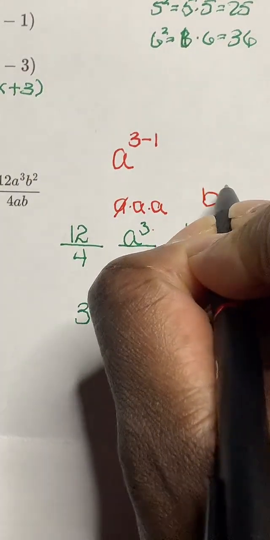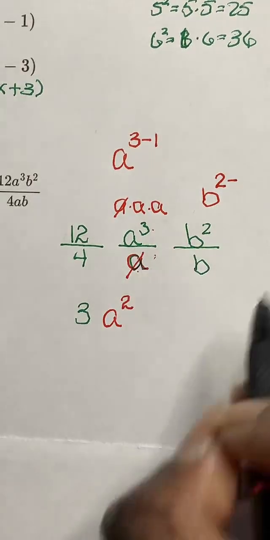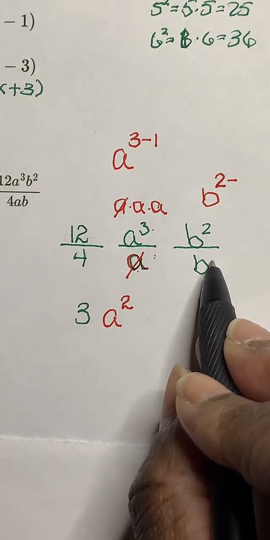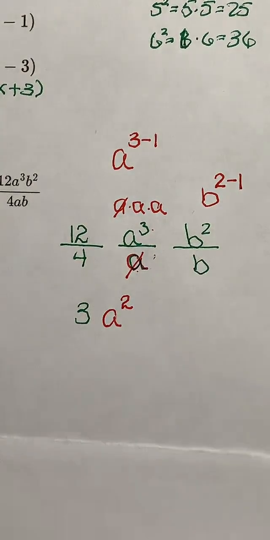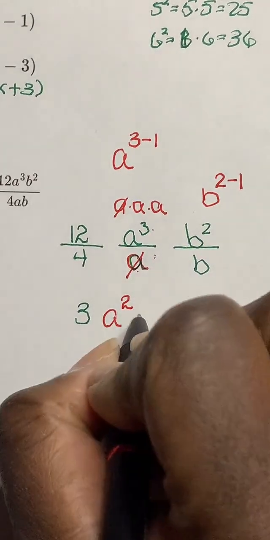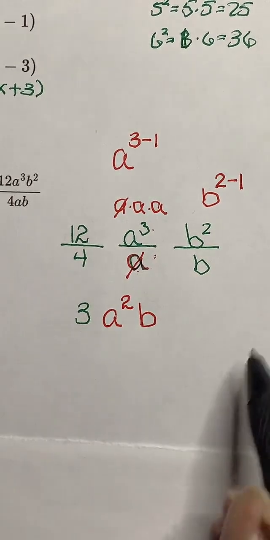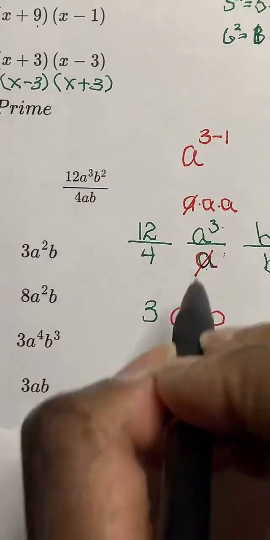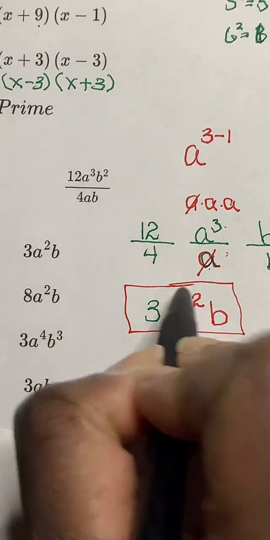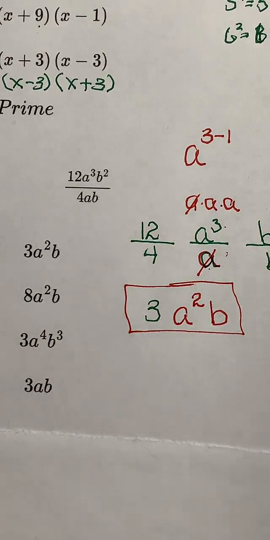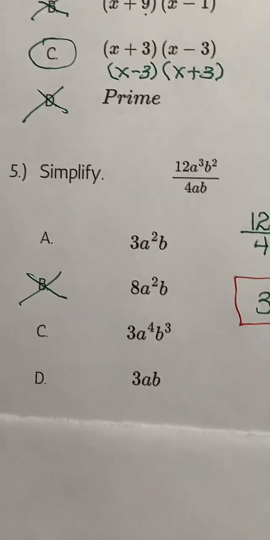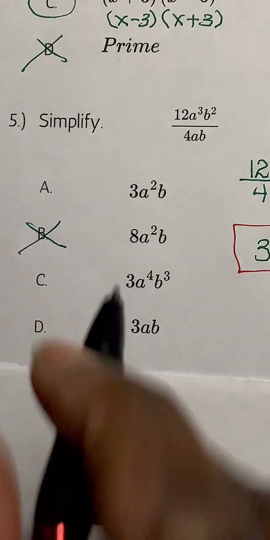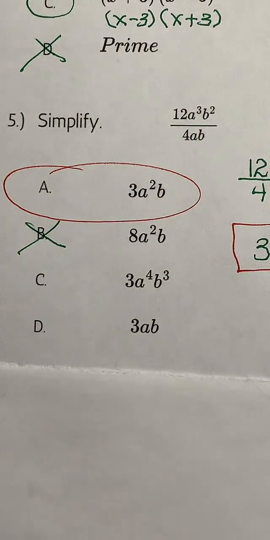We have B raised to the second power minus what's assumed to be there, a 1. So 2 minus 1 gives me 1. That means I have B to the first power, or just simply a base of B. So this, my loves, is my answer: 3A squared B, and that is answer A.